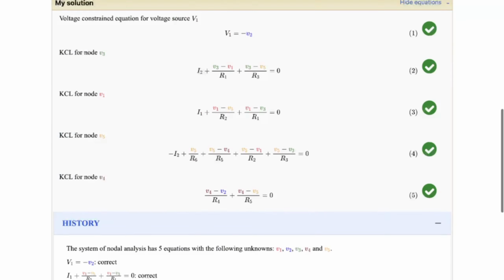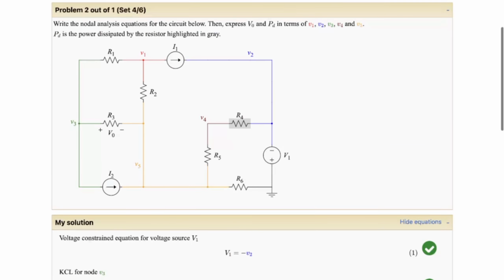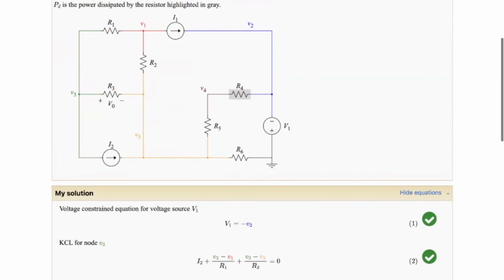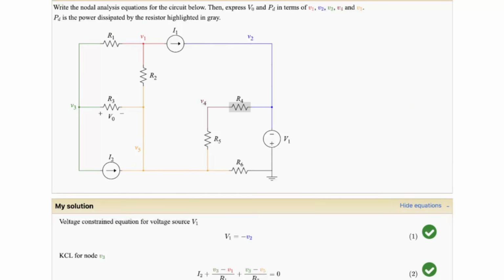Sweet. Now let's work with the power dissipated across the resistor. Let me double check the webbook. I like having the webbook open while I'm doing homework. Power dissipated by a resistor can be found by computing the voltage across the resistor and using power equals voltage across the resistor squared divided by the resistance.